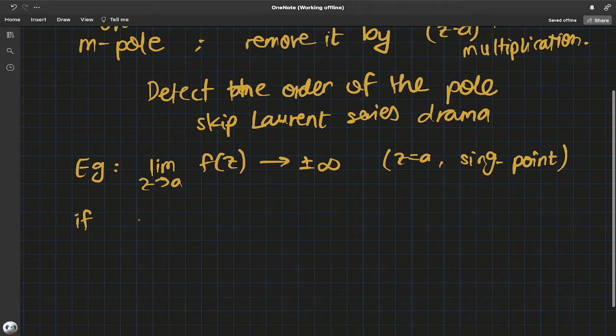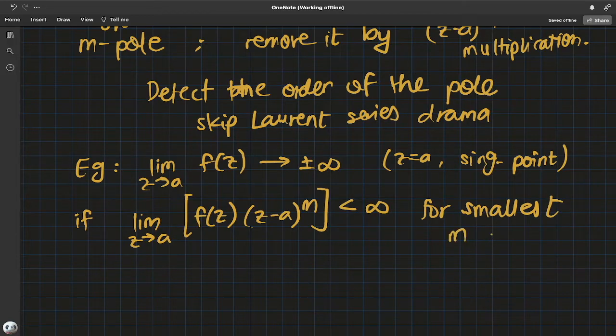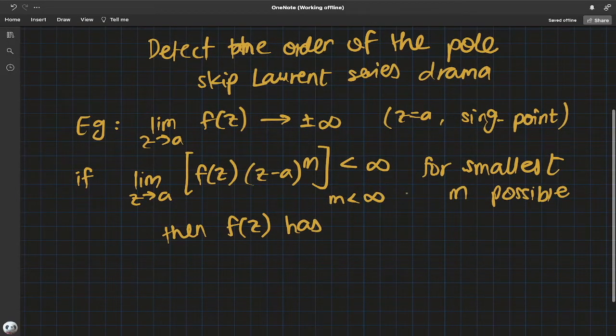Assuming limit z goes to a, f of z times z minus a to the m, this entire thing is finite for the smallest m possible, then f of z has, again, m should be finite and it should be an integer.